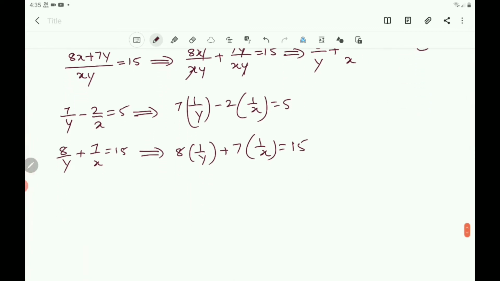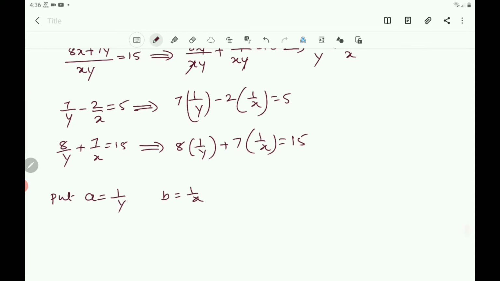Then you take 1 by y equals m and 1 by x equals n, or 1 by y equals a and 1 by x equals b. So put a equals 1 by y and b equals 1 by x, or m equals 1 by y and n equals 1 by x.